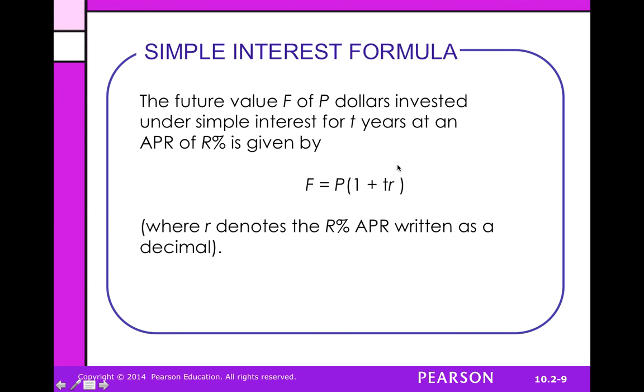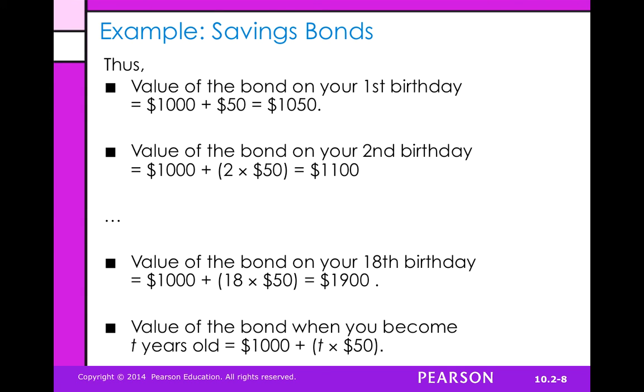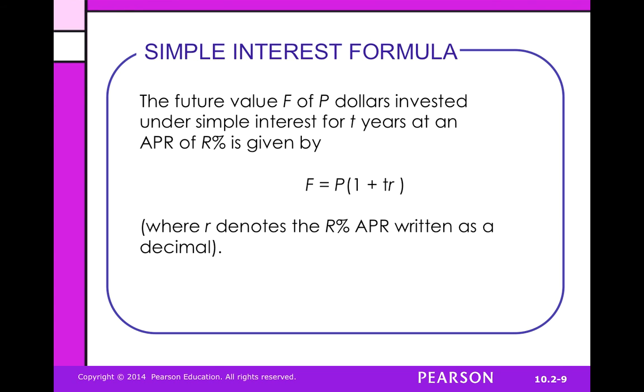So the future value F of P dollars invested under simple interest for T years at an APR of R% is given by this formula. This doesn't quite match what we had here, does it? Oh, no, it does. What's happening here is you can put this P inside. So you have P plus TRP.